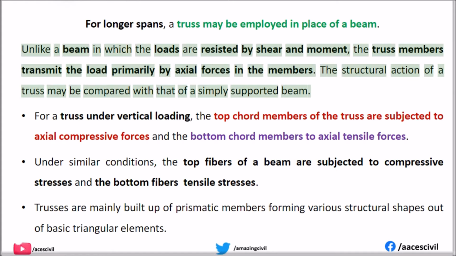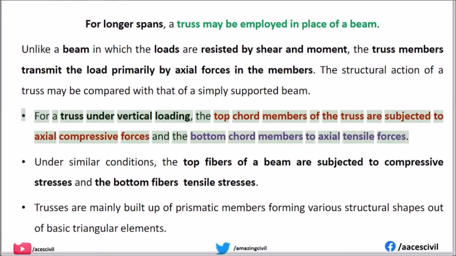Unlike a beam in which the loads are resisted by shear and moment, the truss members transmit the load primarily by axial forces in the members. The structural action of a truss may be compared with that of a simply supported beam.